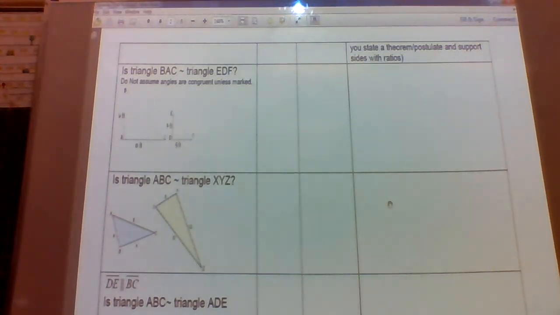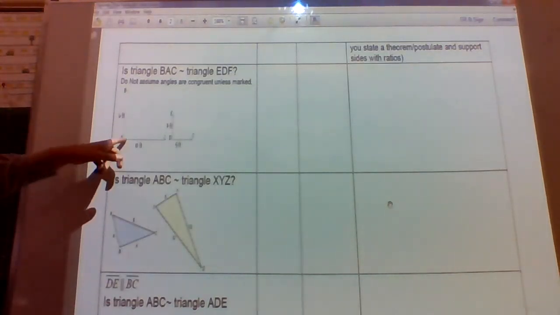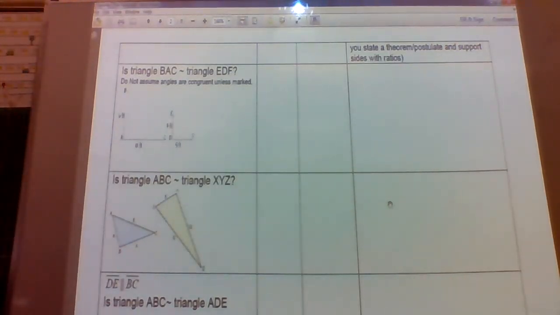Let me check the version I have. You can't even see it. Not a good job there. Okay, so do not assume angles are congruent unless marked. So there's no angles marked here. We can't even read these.